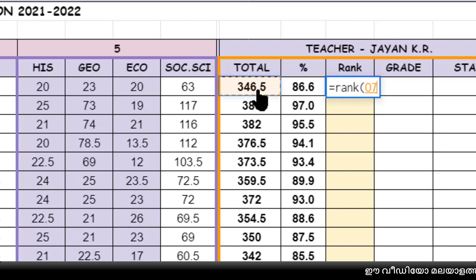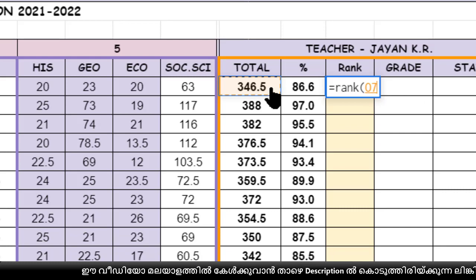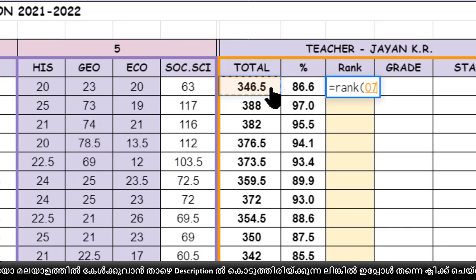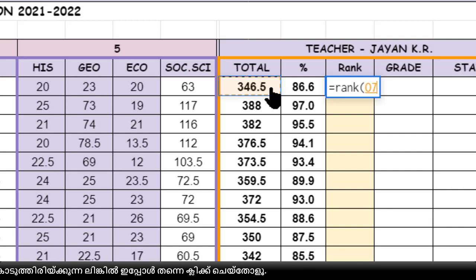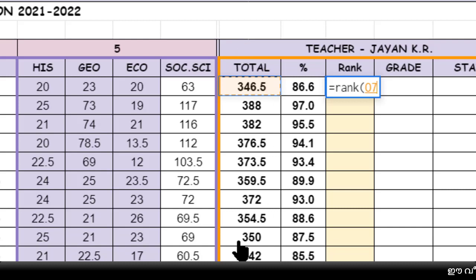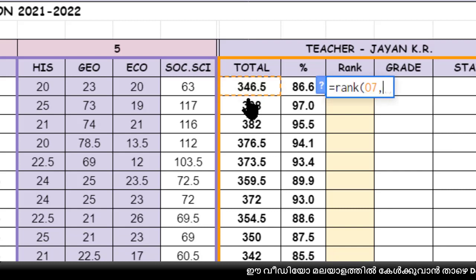Okay, I selected that mark, and the reference number O7 came there. What is the O7 mark's rank among these children? That is the meaning of this. So I selected that mark. Now among which marks do we need this mark's rank? Among all these marks. So for that we have to put a comma there.